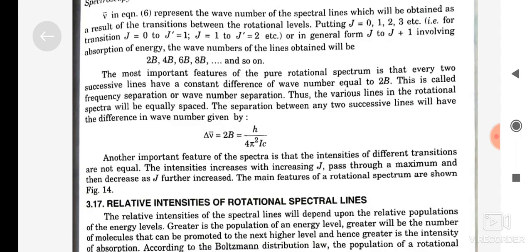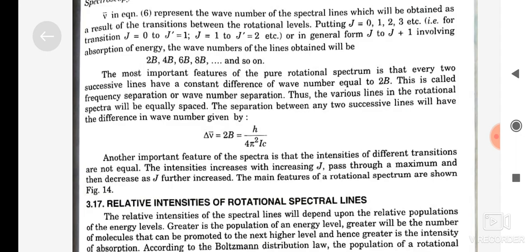The important feature of the pure rotational spectra is that every two successive lines have a constant difference of wave number equal to 2B. This is called the frequency separation or wave number separation. Thus, the various lines in a rotational spectrum will be equally spaced. The separation between any two successive lines is given by del v bar is equal to h upon 8 pi square I c.